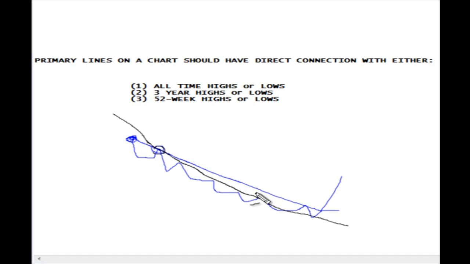So any breakout of this black line is not significant. On the other hand, a breakout above the actual line that connects to the highs, the blue line, this breakout above this line is significant. It's an important development.